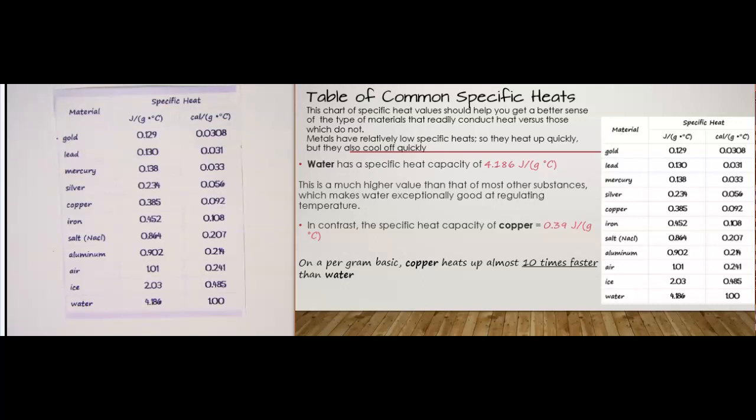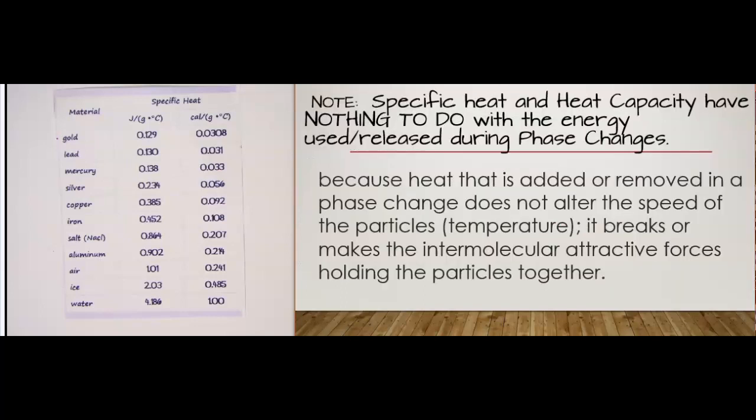Well, what does that take? It takes heat. And you've got to get to that melting point, and so you've got to see how much it takes to do that. All right. On a per gram basis, when you look at the numbers there, copper heats up almost 10 times faster than water does.